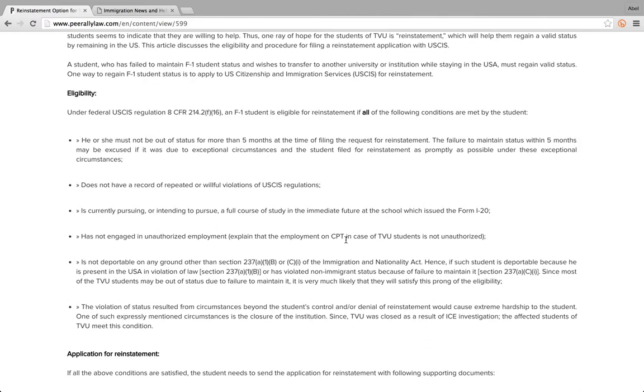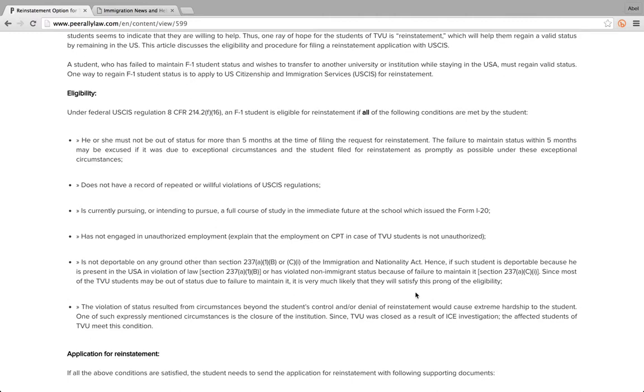And then the fifth element is that they should not be deportable under any section under 237. These are sections which include fraud and other issues. If you are under those, you are in violation, and you will not be able to get the reinstatement.